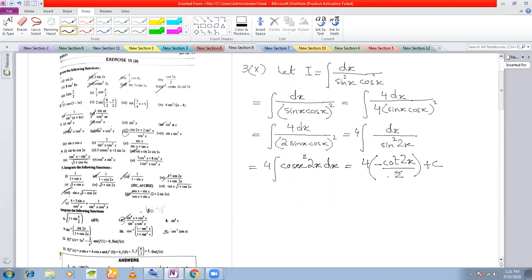You cancel these two. So ultimately, what you get here is minus 2 cot 2x plus c, where c is a constant of integration.